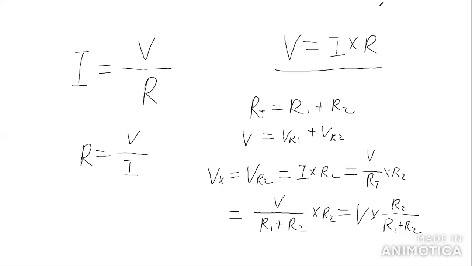So you can see this is why we say this circuit is a voltage divider. Because if you want to find out the voltage for R2, you just use R2 over the total resistance times the voltage supply. You don't need to figure out what is I, what is the current, okay?